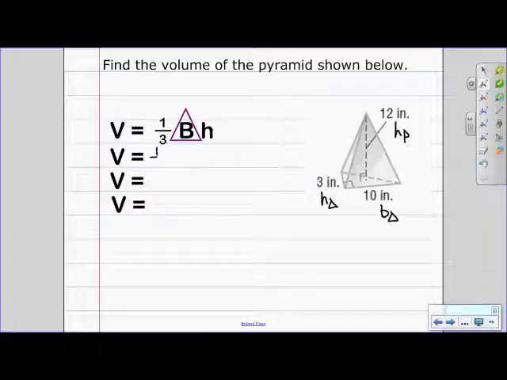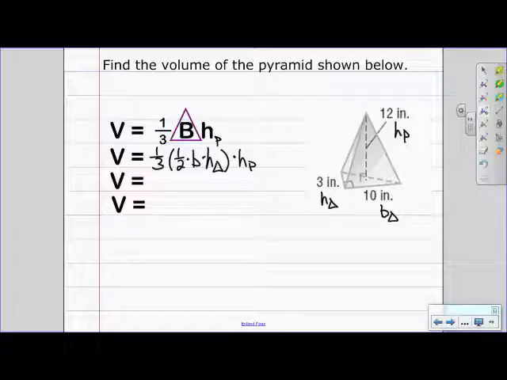So we have 1/3 the area of a triangle, which is 1/2 times base times height, and that is the height of the triangle. So the base and height of the triangle, and we're going to keep that separate, times the height of my pyramid.